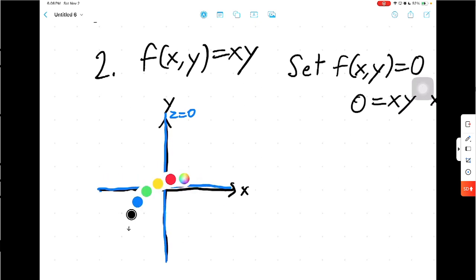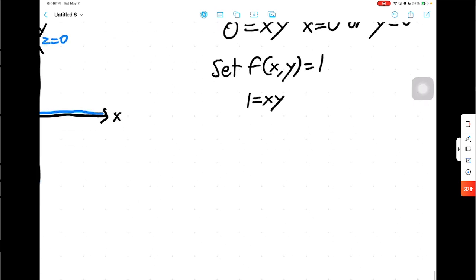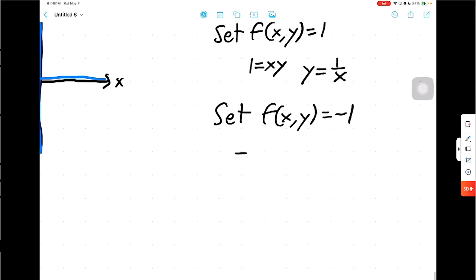Next, I'm going to set xy equal to 1. So f of xy equal to 1, xy equals 1, y is equal to 1 over x, and I'm going to set one to negative 1 as well, just because it gives us the full picture.